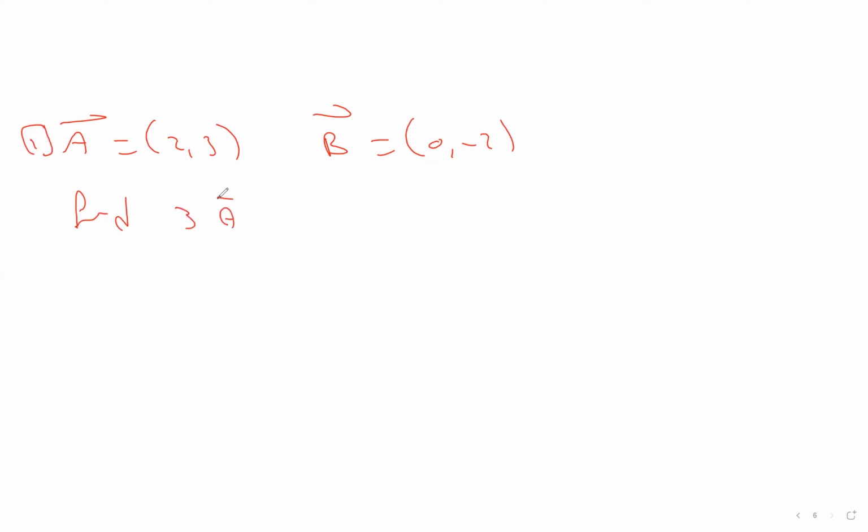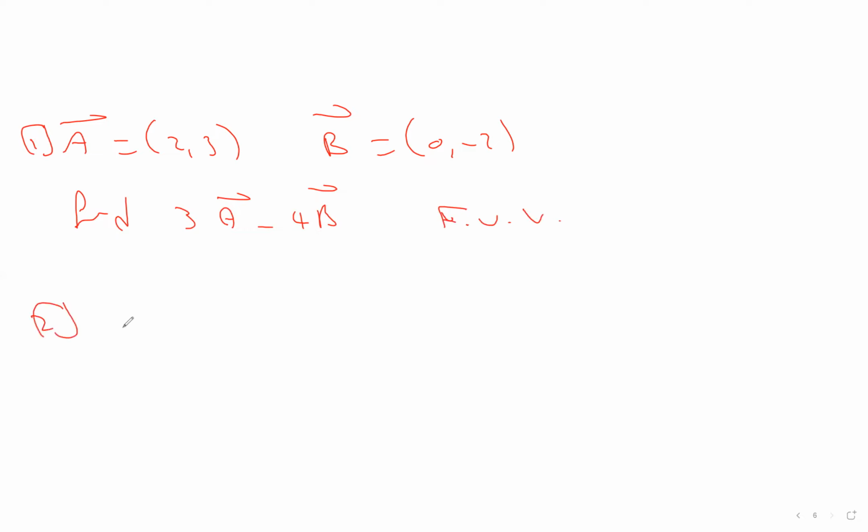Some examples. If A is (2, 3) and B is (0, -2). Number 1: find 3A minus 4B and write them in fundamental unit vectors.